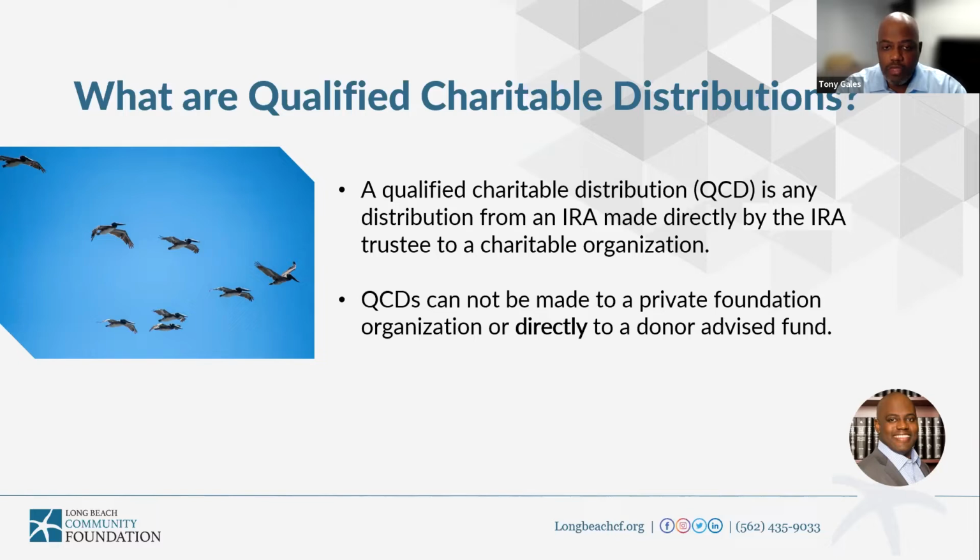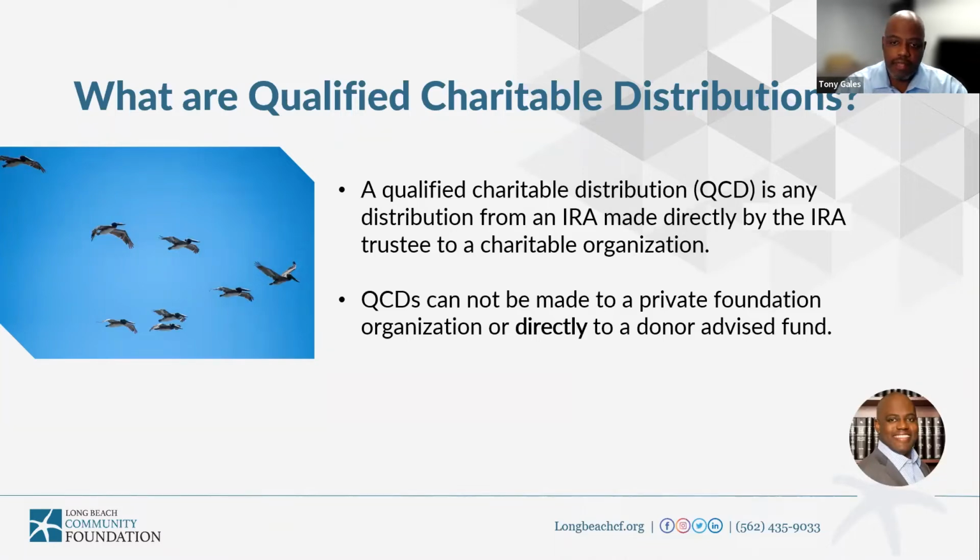But with respect to a qualified charitable distribution, you have the option to exclude it from income. And you can exclude it from income if the IRA RMD is made directly by the IRA trustee to a charitable organization. And that charitable organization cannot be a private foundation or a donor advised fund.